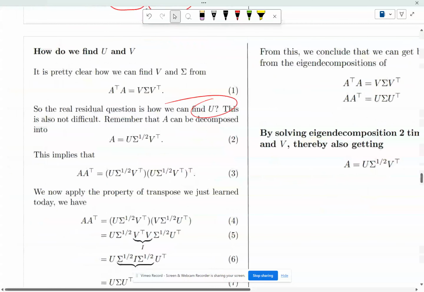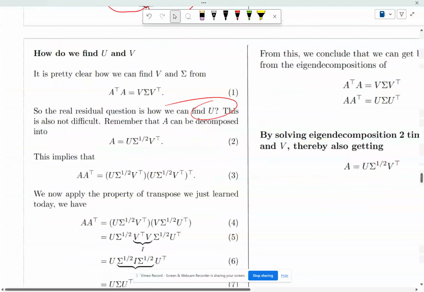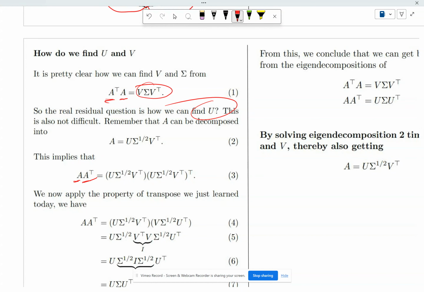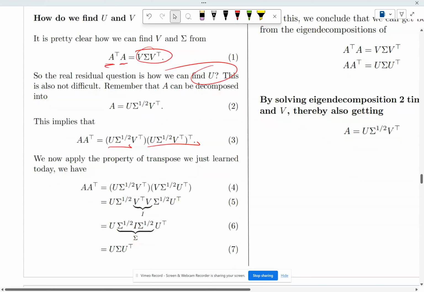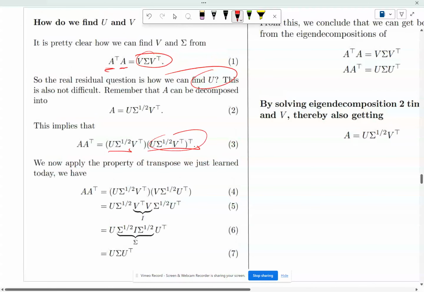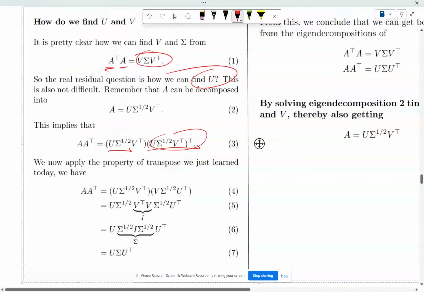Well, if we do A transpose A, we can find V. Notice if we multiply the other way, A A transpose, and take the transpose of this, it results in V times V transpose.